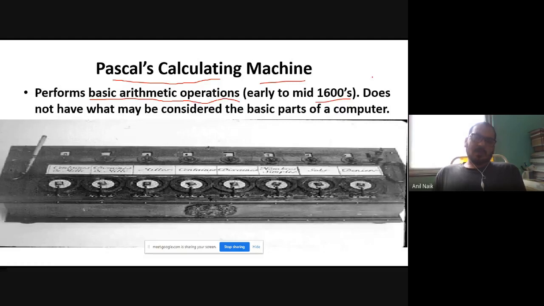Means, it was one of the devices that performed arithmetic operations, but it did not have an input device, output device, and storing memory. Memory was not there. So it did not have some of the basic parts of a computer. We can't say it is a computer. It is Pascal's calculating machine that was used to perform some basic operations.